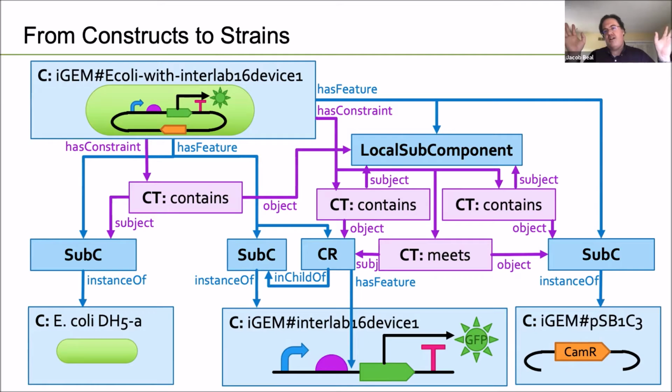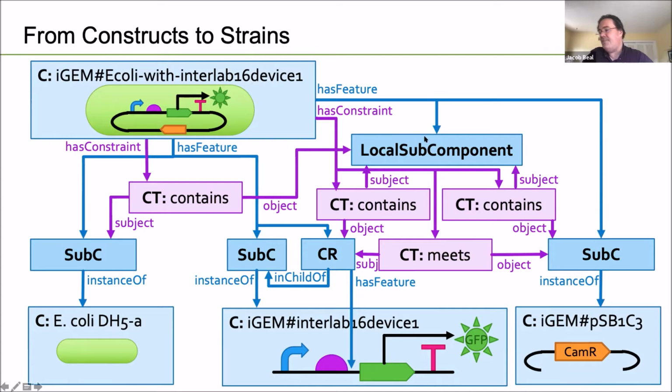I don't really care about it out of context, so that's why I'm using a local subcomponent for it. So this assembled plasmid contains this DNA, and it contains this backbone, and the two of them meet together. So that's how we can describe, we embedded an insert into a backbone to make a plasmid.